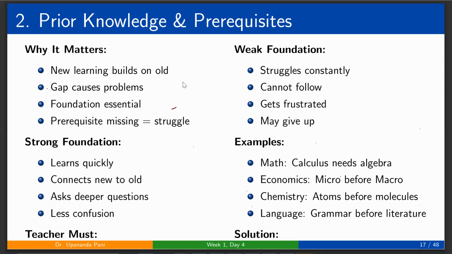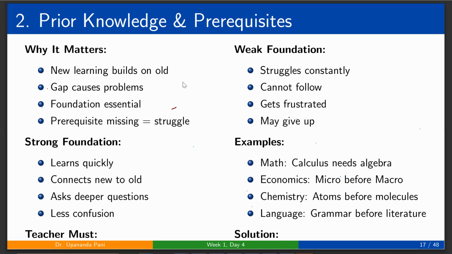If a prerequisite is missing, it is basically a struggle. If you do not have a foundation, you will be struggling. Now if a learner has a strong foundation, he or she will learn quickly, connect new to old, ask deeper questions, and there will be less confusion.